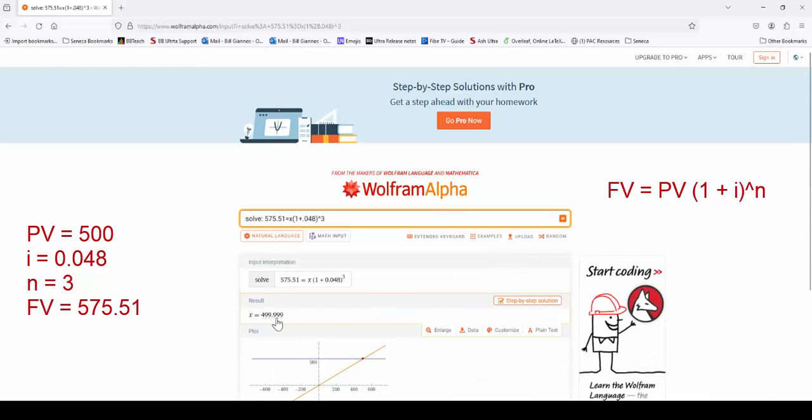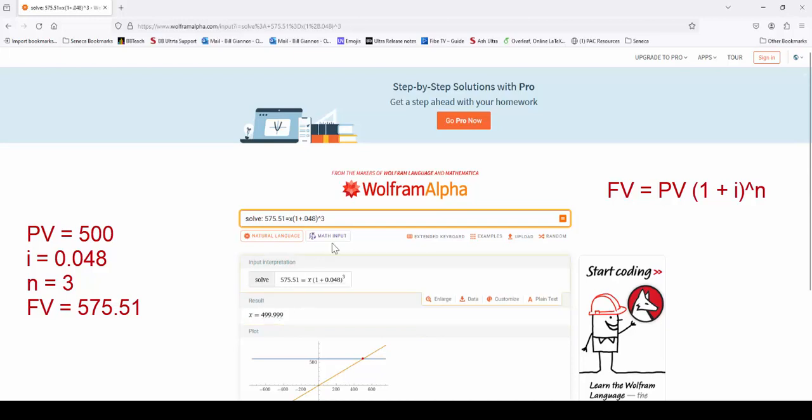And when we compute our answer, again, we get 499.999. And when you, of course, round it to a whole number or even to 2 decimal places, you're going to end up with the 500 that we know is the present value.